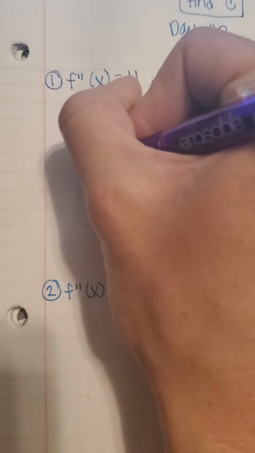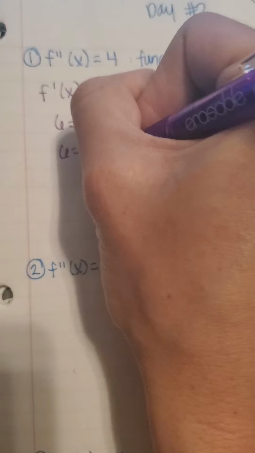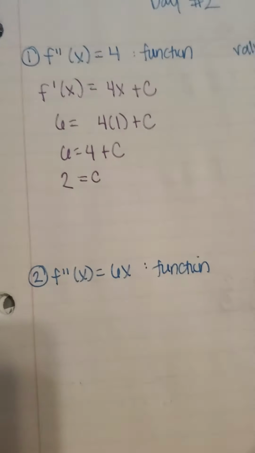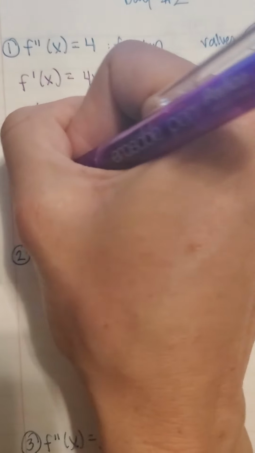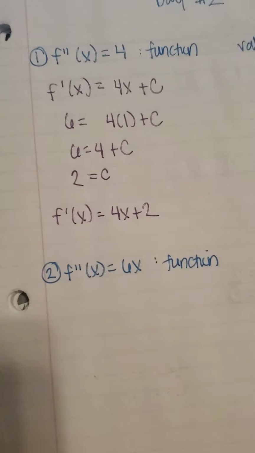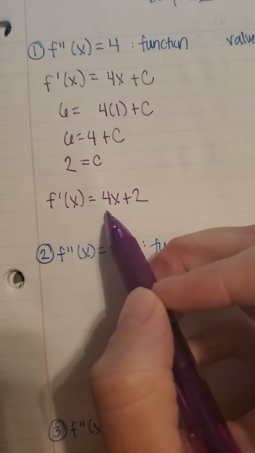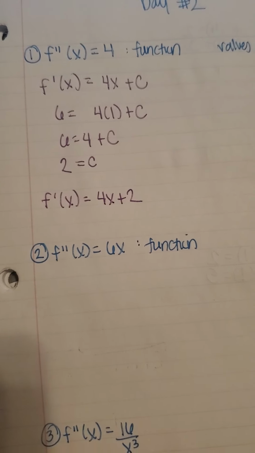Whoops. So 6 equals 4 plus c. Subtract away my 4. That's going to tell me that c is 2. So I don't have my answer yet, but I'm on the path. Now I know that my first derivative is going to be 4x plus 2.